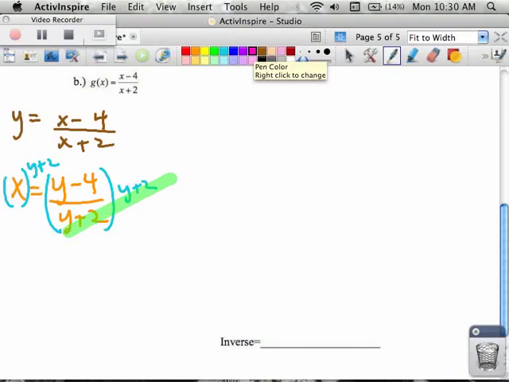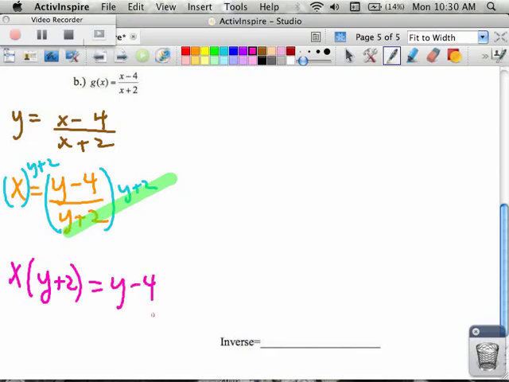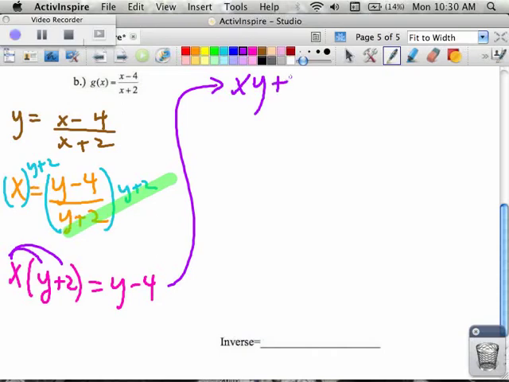On the left side, I'm going to have x times y plus 2. That was a group. And on the right side, I just have y minus 4. If I distribute the x to the y and the 2, I get xy plus 2x equals y minus 4.